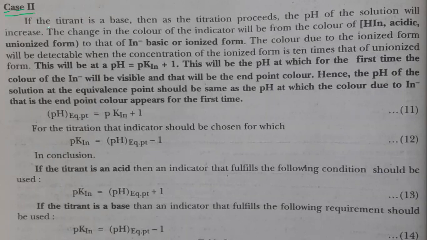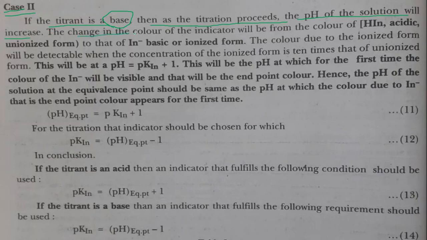If the titrant is a base, what you are adding from the burette, then as the titration proceeds, the pH of solution will increase, going towards the basic side, beyond 7 up to 14.